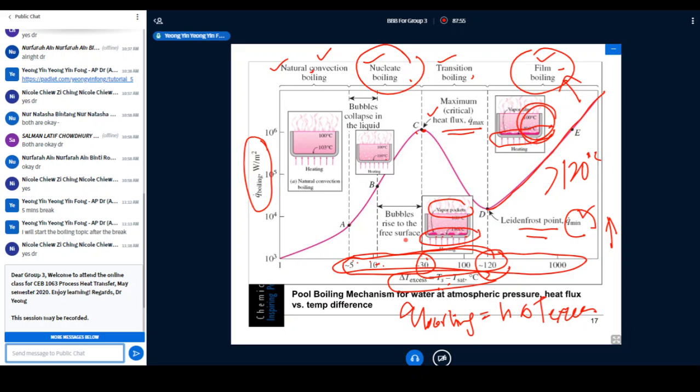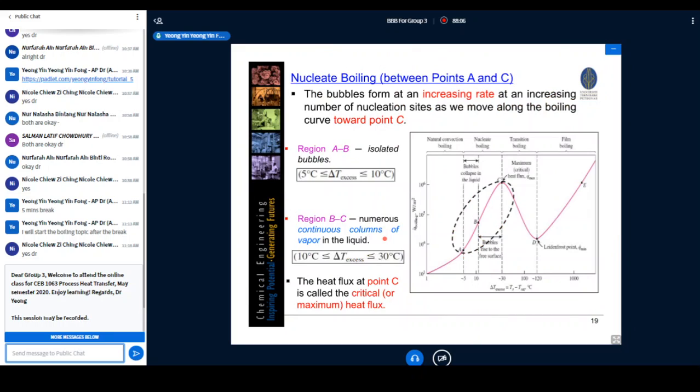A and B is isolated bubbles. B and C is continuous columns of vapor in the liquid. The heat flux at point C is called the critical or maximum heat flux. For the whole nucleate boiling region, the delta T excess would be 5 to 30 degrees C. That's all for nucleate boiling, until its maximum point.